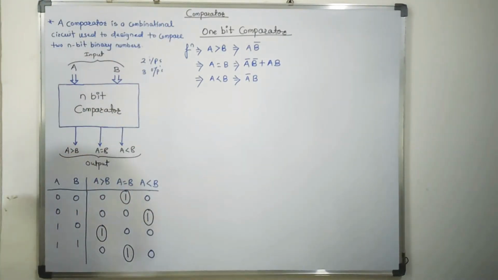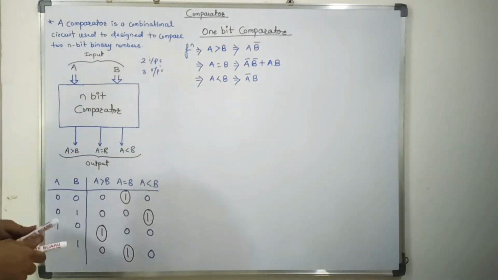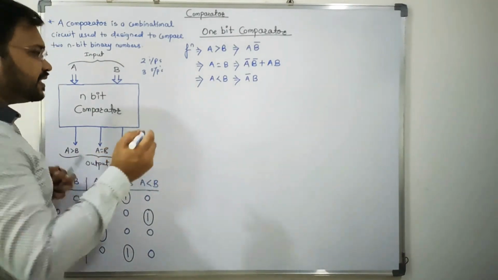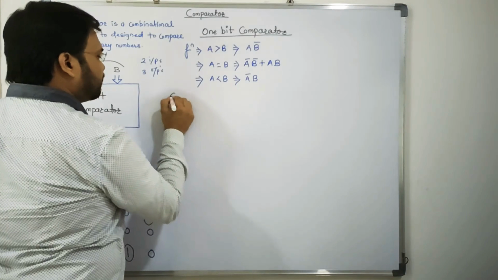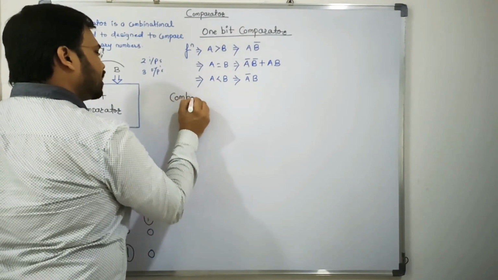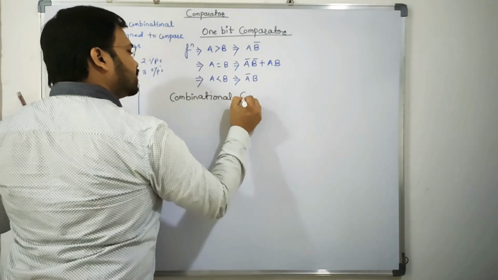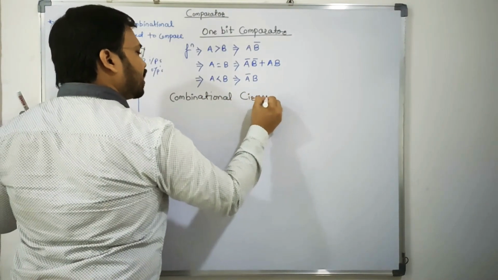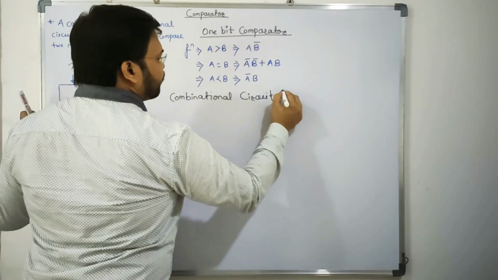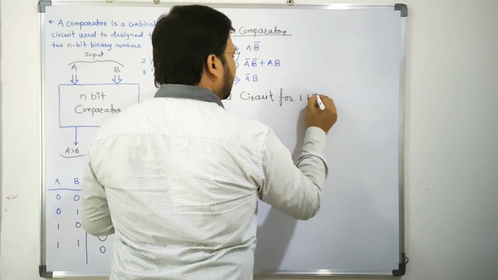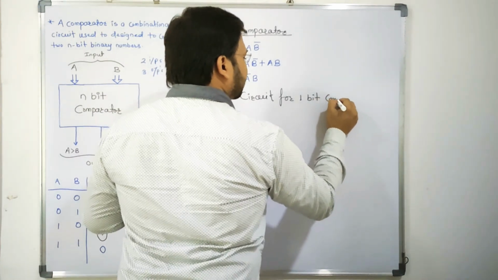Now we have to draw the combinational circuit for the 1 bit comparator.